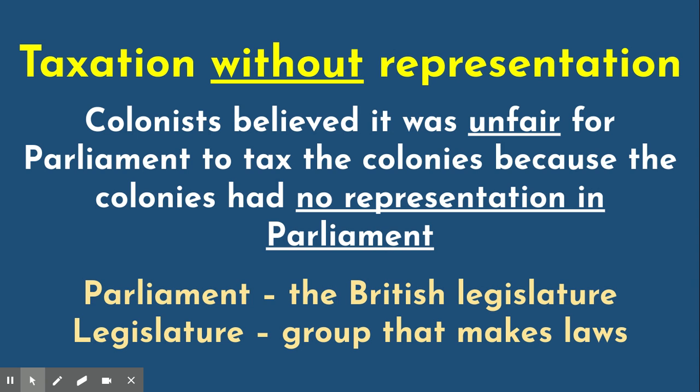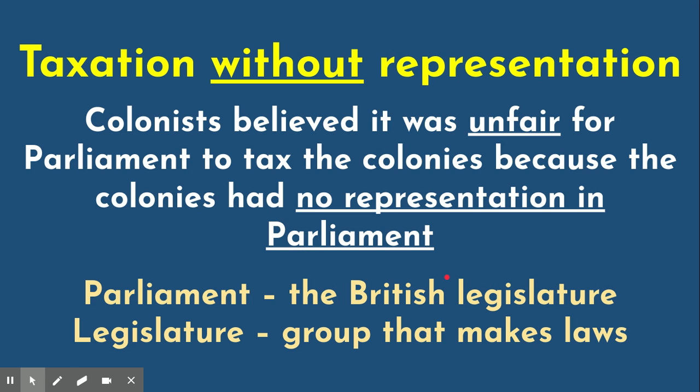And their argument is not just that they don't like taxes, but they say these taxes are unfair because they say these taxes are taxation without representation. The colonies believe it is unfair for Parliament. Now you need to make a note, make sure you know this. Parliament is the British legislature. They thought it was unfair for Parliament to tax the colonies because the colonies had no representation in Parliament.